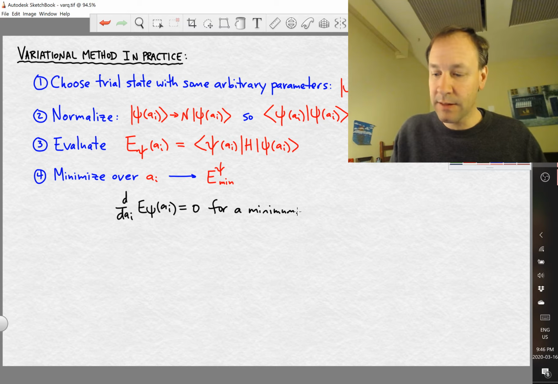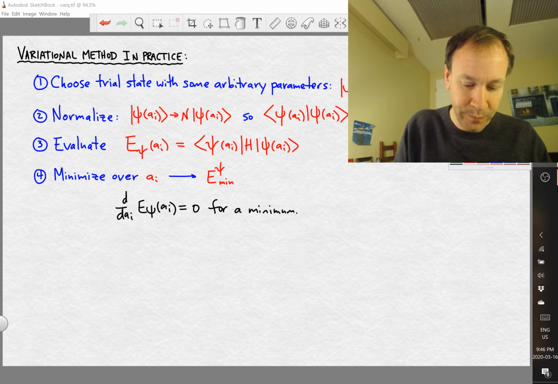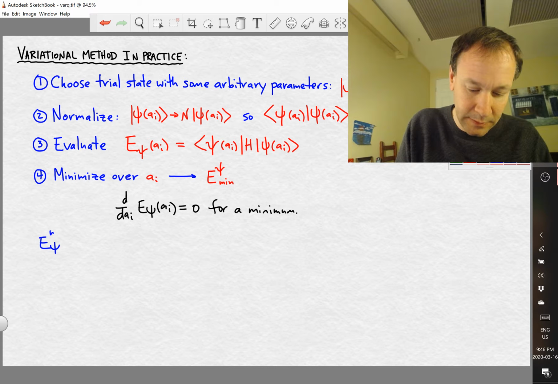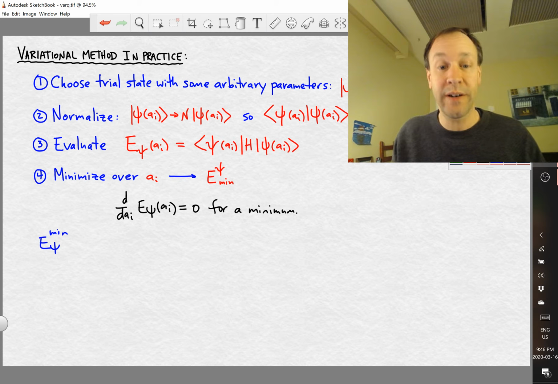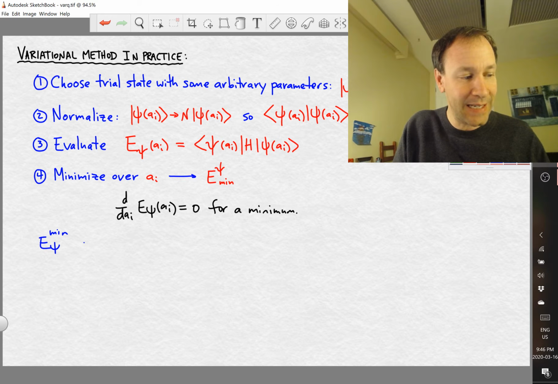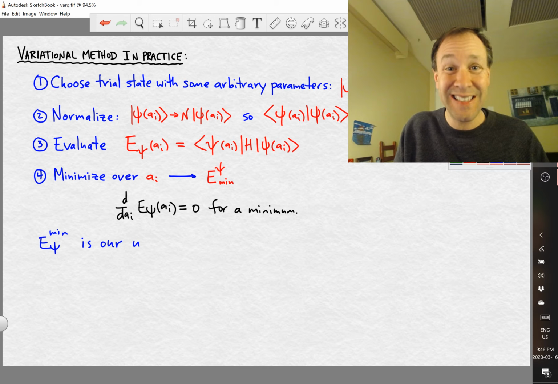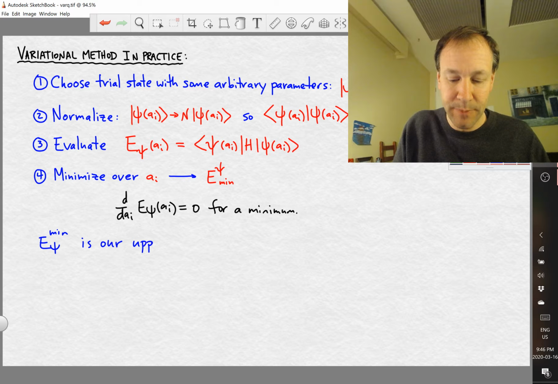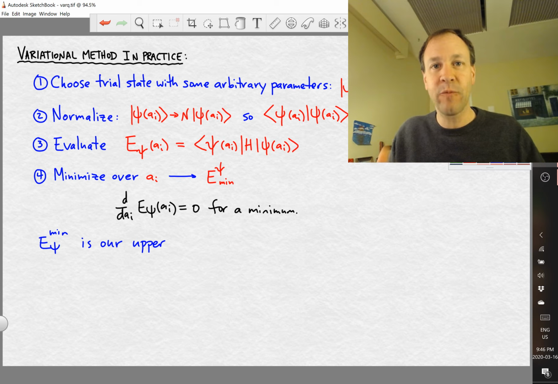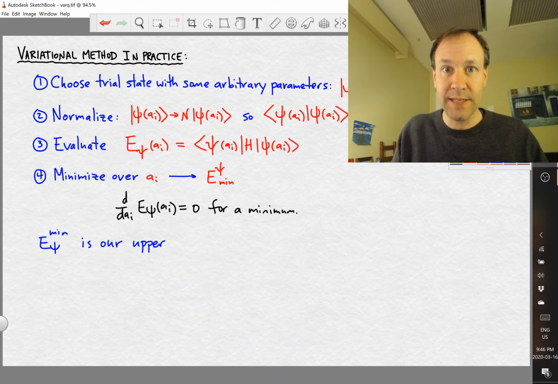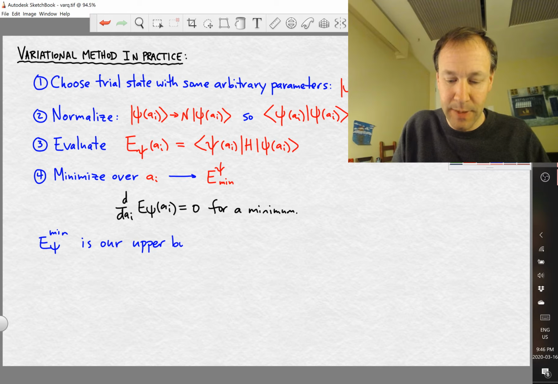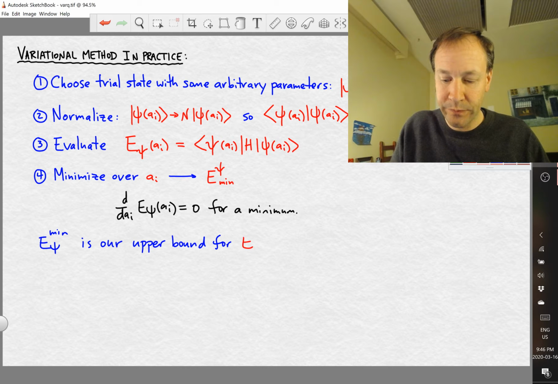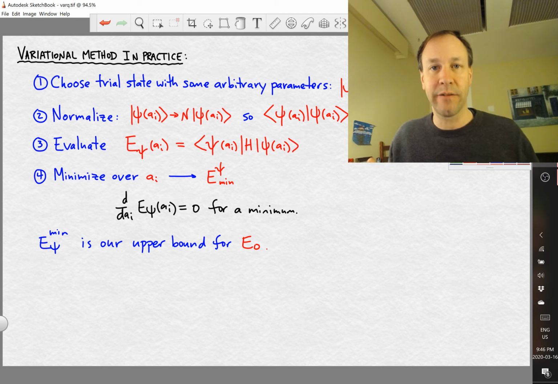Then the conclusion is that our minimum value, whatever it is, gives us our estimate. It's an upper bound, but we think of it as a way of estimating what the ground state energy is. So that gives us our upper bound for E0, and that's our result.